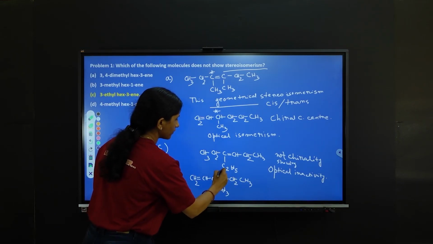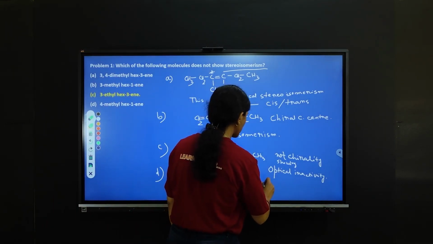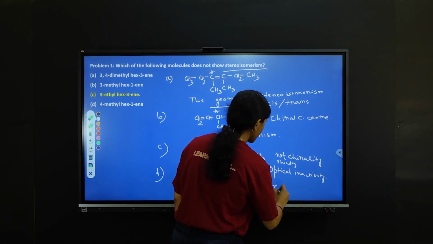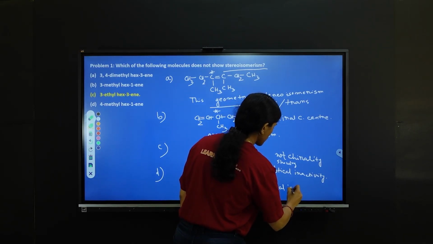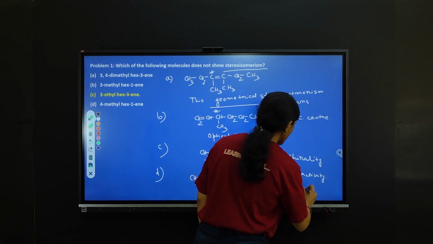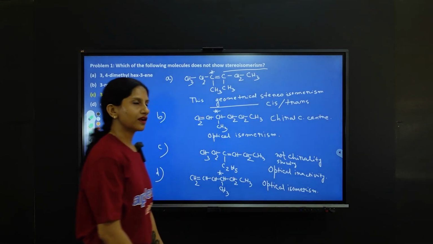It will also have a chiral carbon center here, so it will also show optical stereoisomerism.